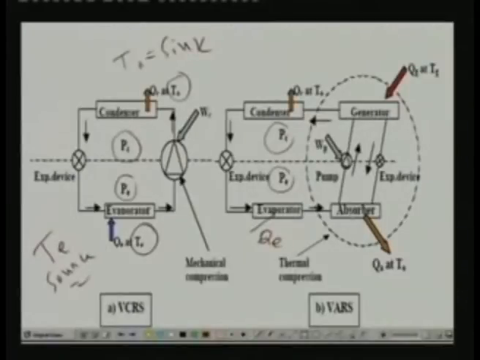Whereas in the absorption system we have three temperatures. One is TE, the low temperature source, then T naught, the heat sink temperature, and TG, the high temperature heat source, from which you supply the heat to the generator. So this is a 3 temperature cycle, and the vapor compression refrigeration system is a 2 temperature cycle.